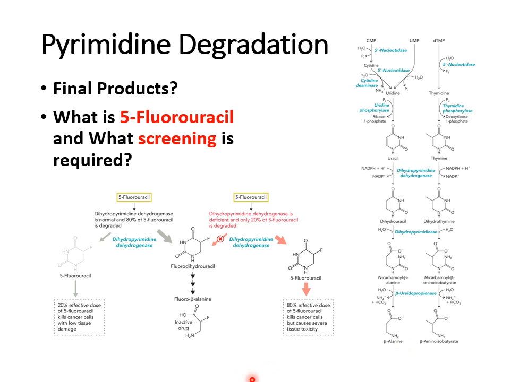What I want to focus on in this slide, when we talk about pyrimidine degradation, degrading those pyrimidines into those 2 final products, relates to something very important in the medical field, highlighted in this figure here. There's a drug called 5-fluorouracil.